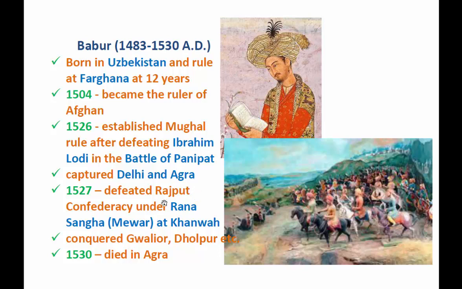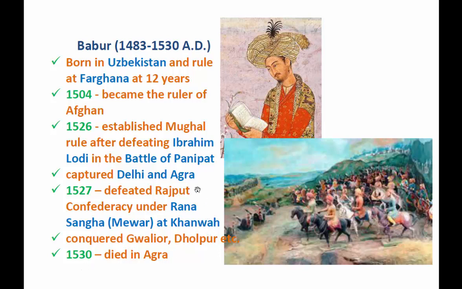They were under Rana Sangha of Mewar, and they met at Khanwa. He conquered Gwalior, Dholpur and many other places. So that was the reign of Babur. He died in 1530, most probably in Agra.